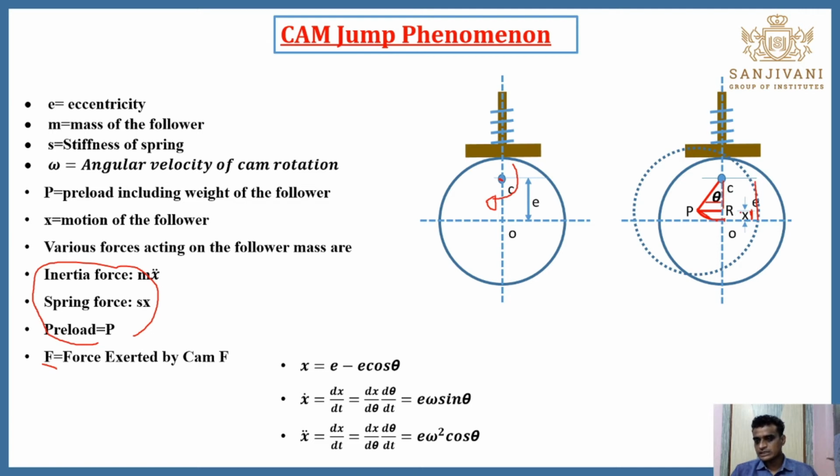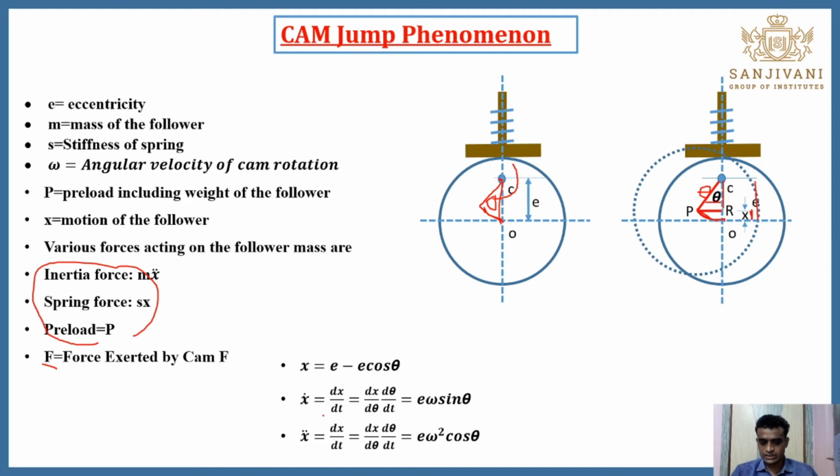So x is equal to E minus CR. Consider this right angle triangle: this distance is again E because this is the radius, and we are tracing this arc, and this is again E. So CR is equal to E cos theta. That means x is equal to E minus E cos theta.